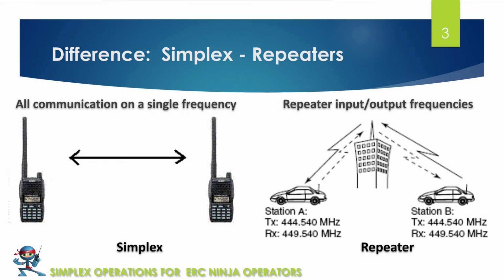To use a repeater, your radio must be programmed to do the same thing, receive on one frequency and transmit on another. Tonight, our focus is successful Simplex communications, and that depends on several different factors which we will discuss during this presentation. Please go to slide 4.